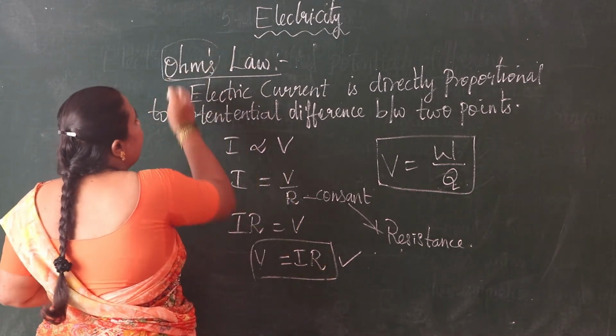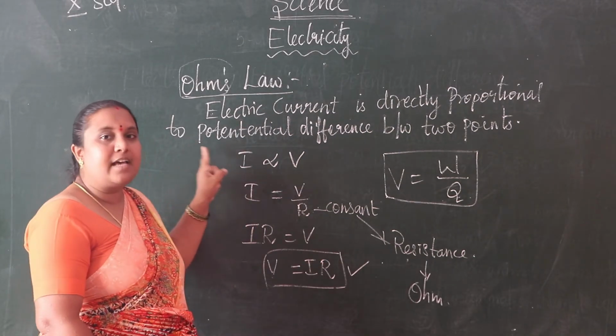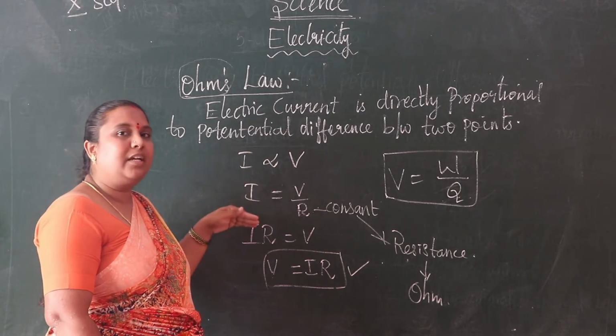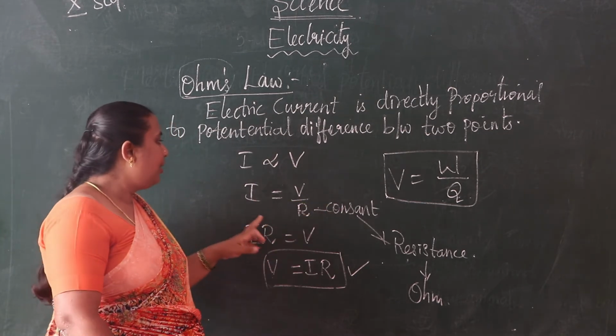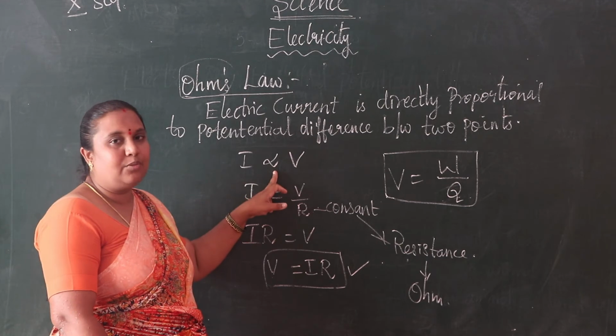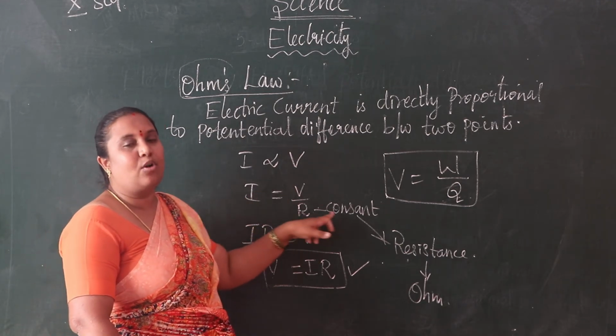So Ohm's law: electric current is directly proportional to potential difference between 2 points, that we denote as I is directly proportional to V. Here we are removing the proportionality by adding resistance, so 1 by R. Resistance is a constant here.